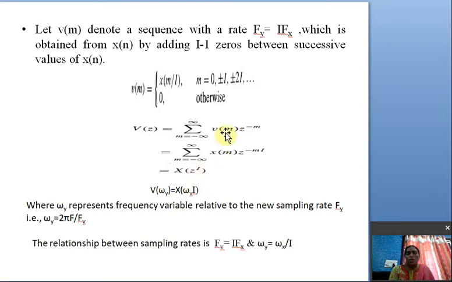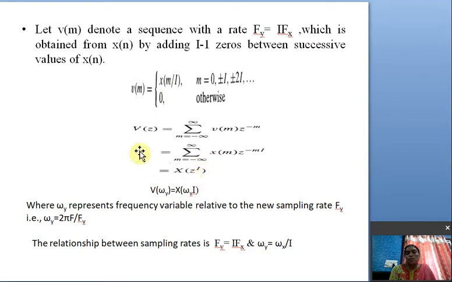Now v of m is x of m by I. Use this x of m by I and assign m by I as a new variable, and if you simplify like this, you can get x of z power I.